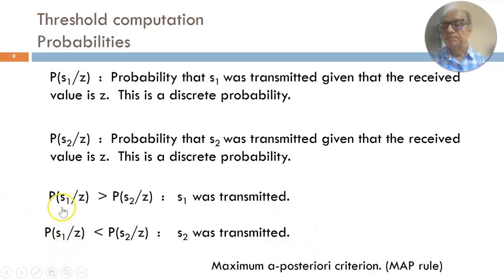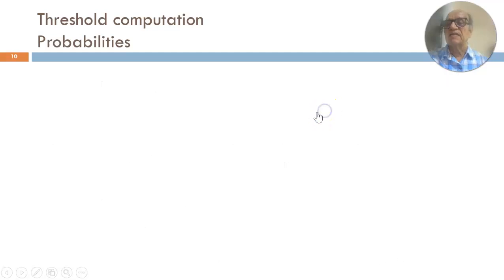Now what we want to do is to obtain the expressions for P(S1/Z) and P(S2/Z), so that we'll be able to calculate the threshold. Whatever we do next is directed towards finding the expression for the threshold. Let's start with that.